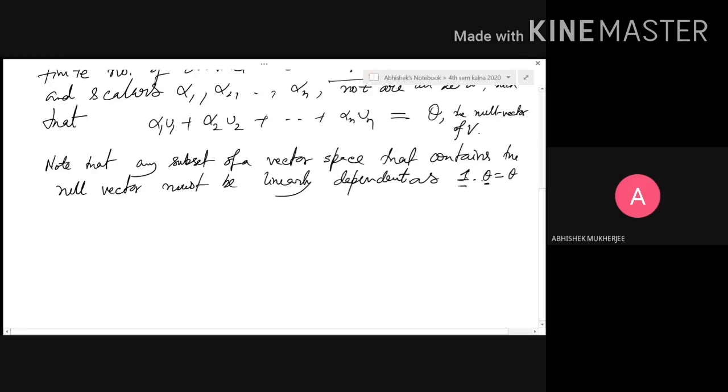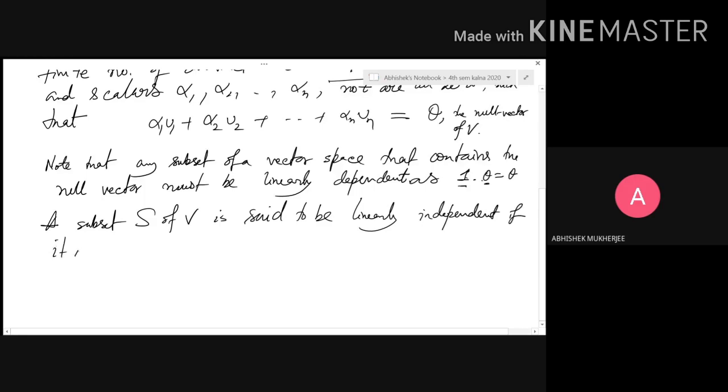Conversely, a subset S of V is said to be linearly independent if it is not linearly dependent. What does it mean?